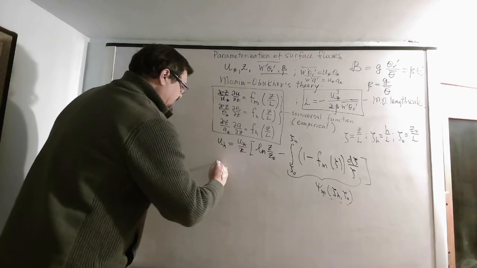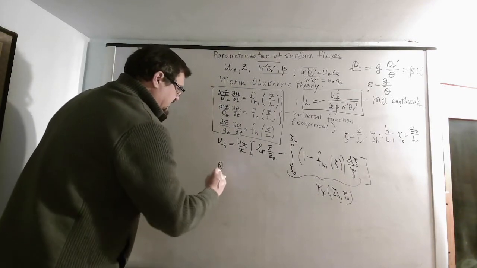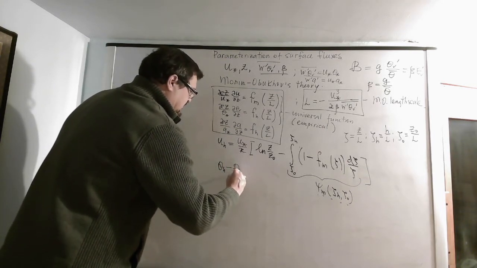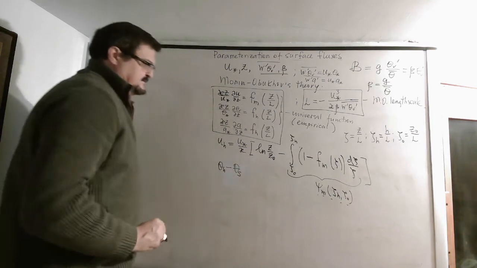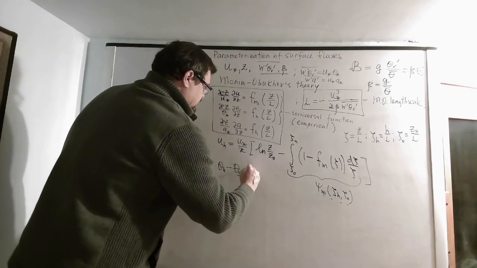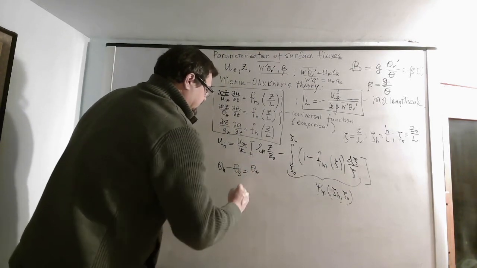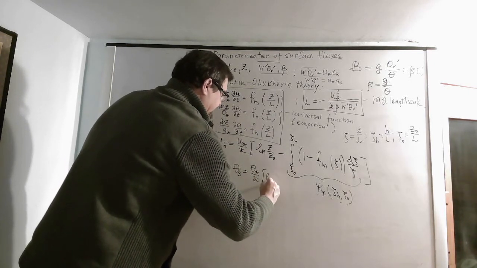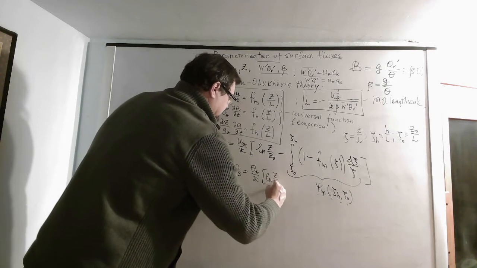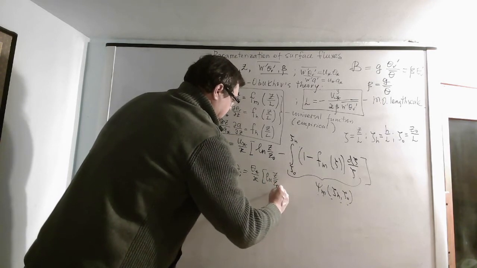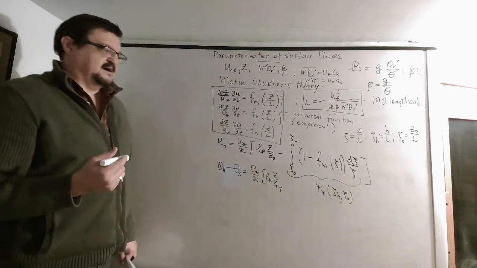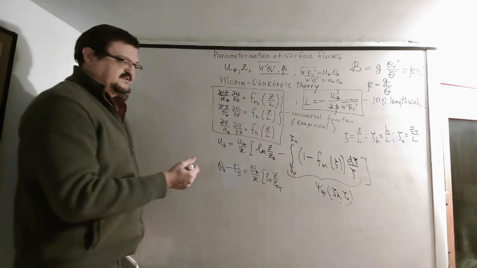And similarly, we can write that theta h minus theta at the surface equals theta star divided by kappa times logarithm z over z naught T. T is for temperature, z naught T, which is different than z naught.